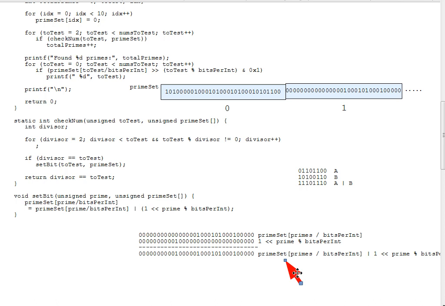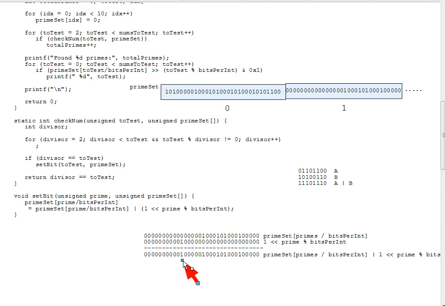We have the prime set element in question, the shifted 1 here, and the result of the OR down here. That result has each pair of corresponding bits ORed together to produce 1 bit of the result. The OR operation keeps the existing ones in the prime set array, even though they are matched by zeros, but it also sets the 1 bit here in position 21.